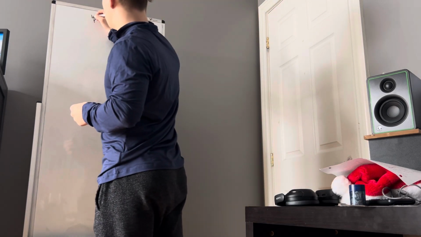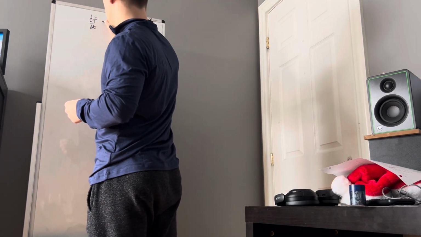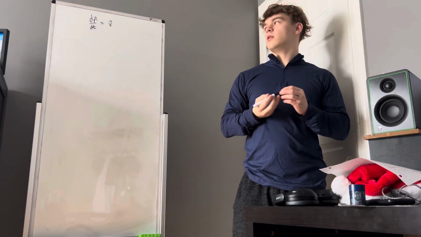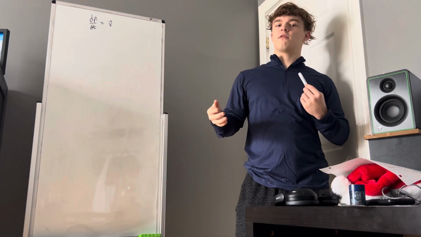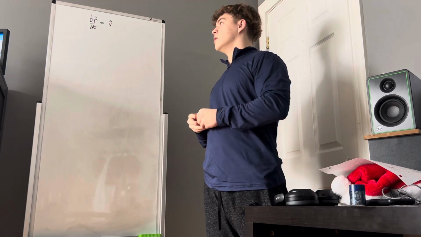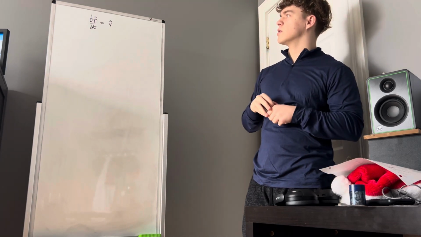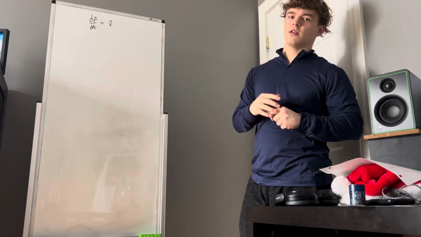It's very easy. For now, we'll just talk about what they mean. dr/dt equals velocity. And those could be vectors or not. If you take the derivative of a vector, you're going to get a vector. We won't get into that too much, but just keep that in mind because displacement and velocity are both vectors.